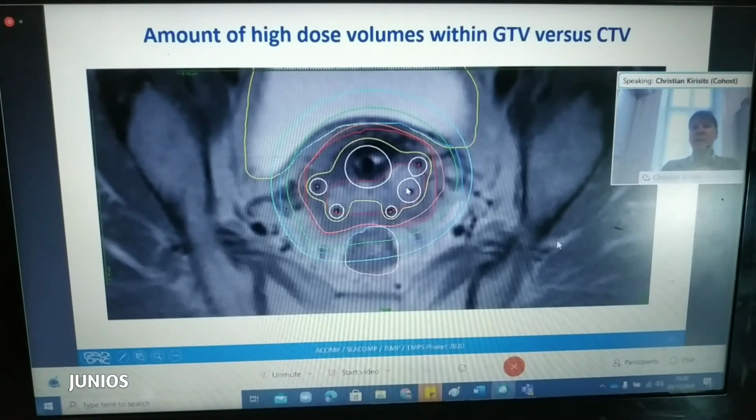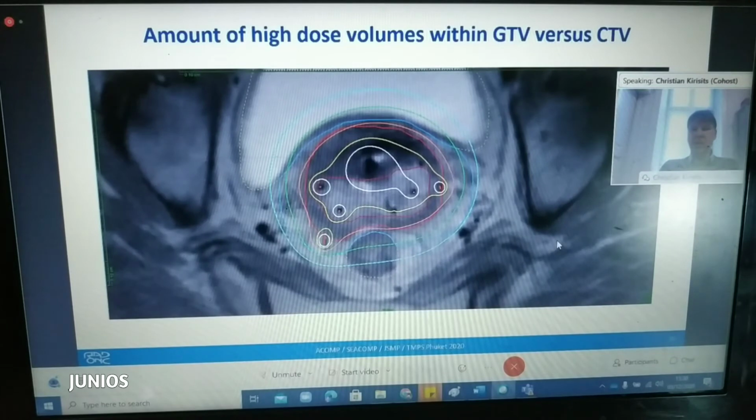So brachytherapy is already a boost, and to the GTV we give more dose, so it's a boost-in-boost technique. We have on the one hand the orange isodose to cover the CTV, but we have this yellow hotspot for the GTV. And I think this becomes more and more complex, and automatic planning might help in the future.